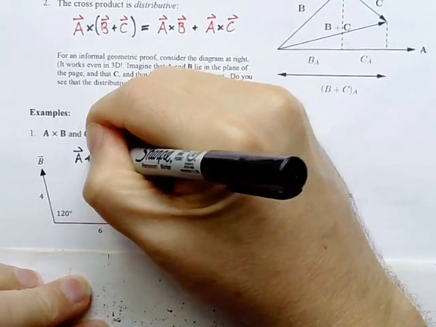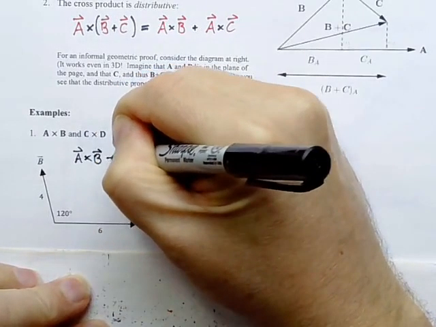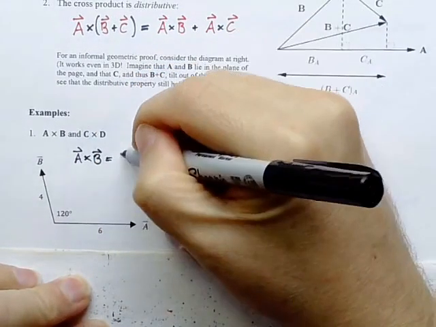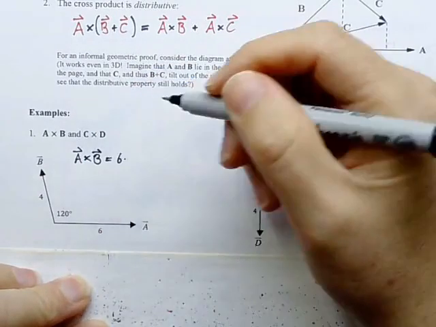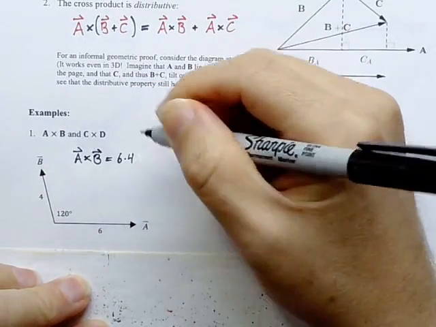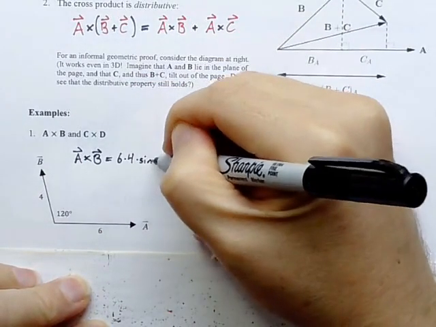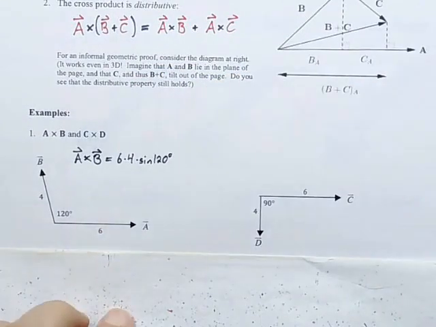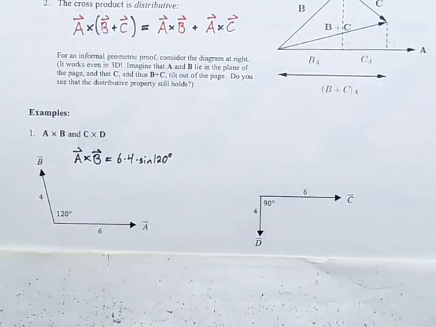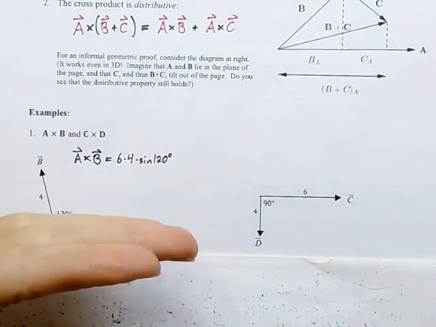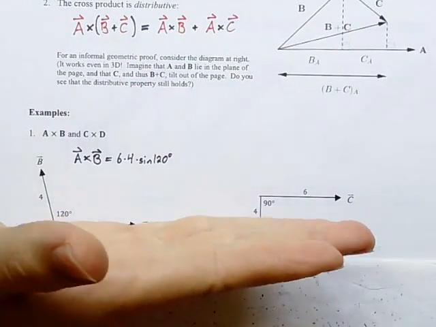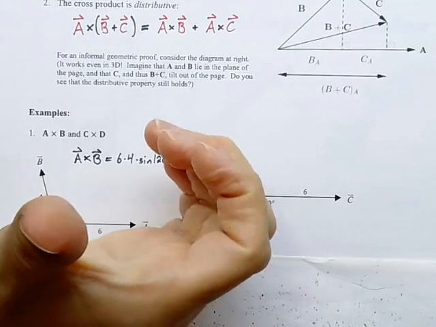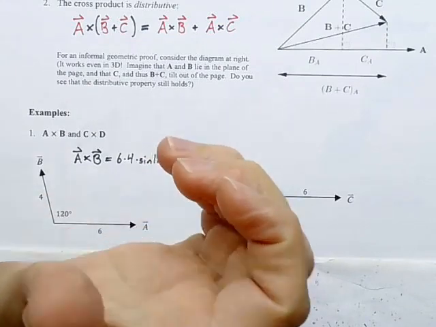A cross B will have a magnitude given by the magnitude of A, which is 6, times the magnitude of B, which is 4, times the sine of the angle between them, 120 degrees. And the direction is given by the right-hand rule. So A cross B, fingertips in the direction of A, palm towards B, curl in the direction of B, and my thumb is pointing straight out of the page.